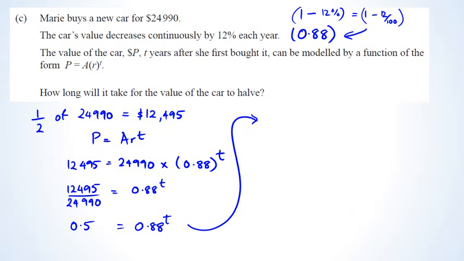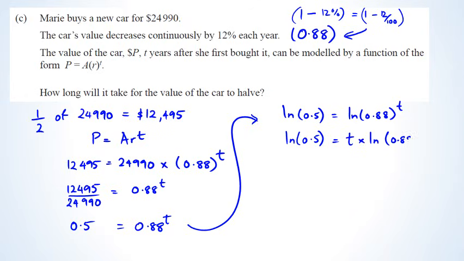From here, guys, you take log of both sides. So you've got ln of 0.5 equals ln of 0.88 to the power t. And then what we're going to do is write t in front of the ln. So it's going to be t multiplied by ln of 0.88, which means t is equal to ln of 0.5 divided by ln of 0.88.